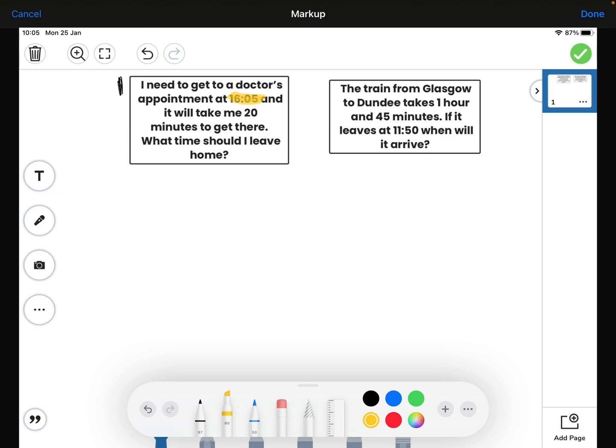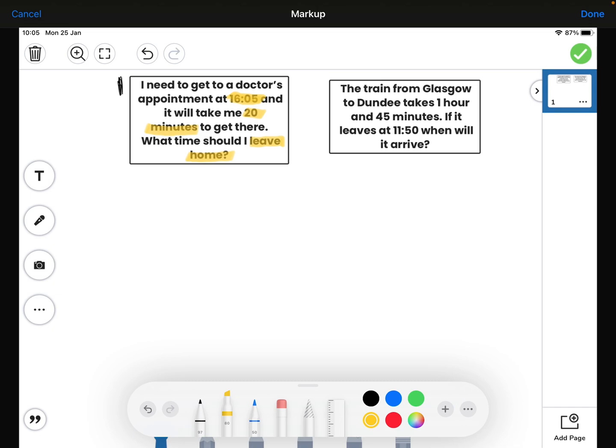And it will take 20 minutes to get there. I think that's important as well because this might help me figure out my starting point, because that's what it's asking me to do. What time should I leave home? And I think the home part, leave home, is quite important as well.